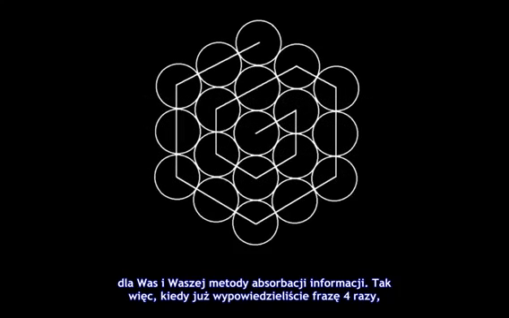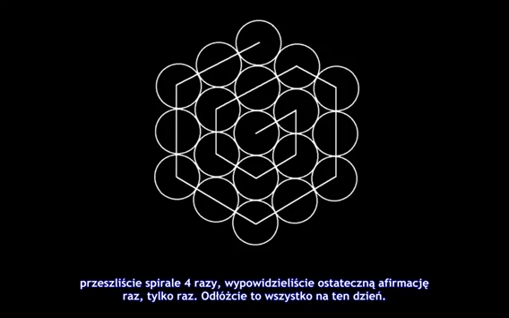So once you have said the phrase 4 times, gone up and down the spiral 4 times, said the final affirmation once, just once, put all that away for that day.